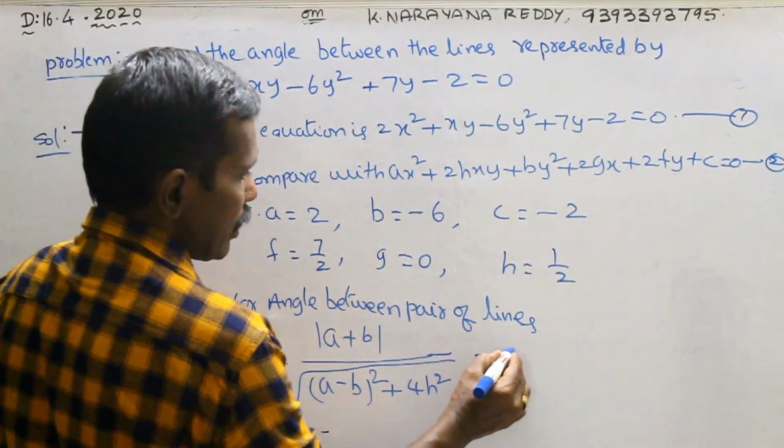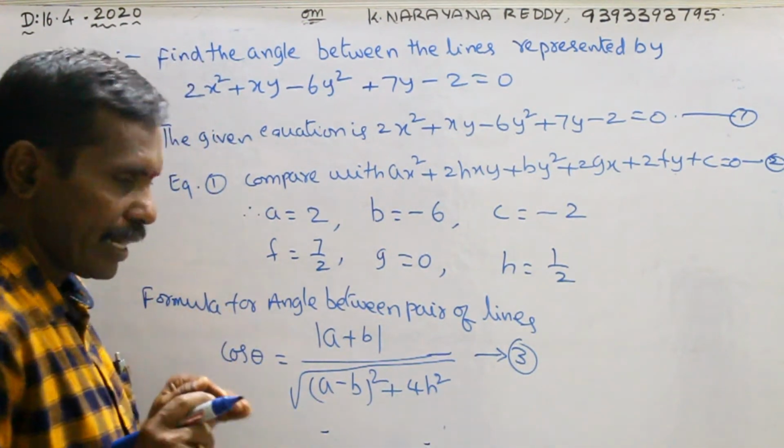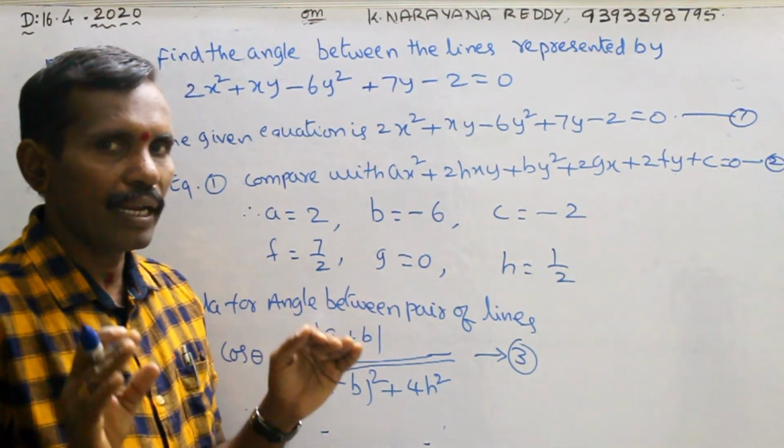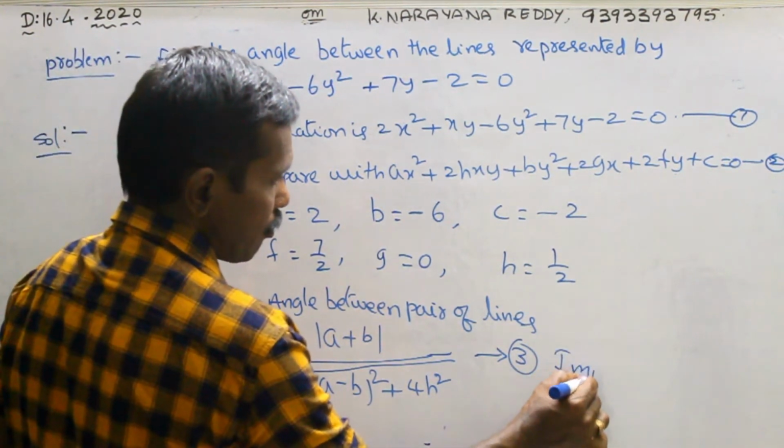This is equation number 3. This is the formula for finding the angle between a pair of lines. Please remember this. This is a very important formula.